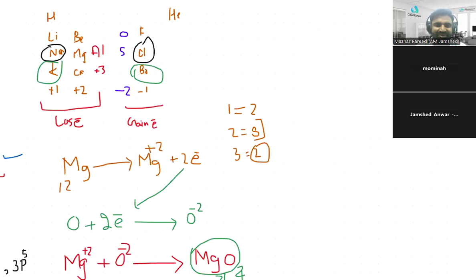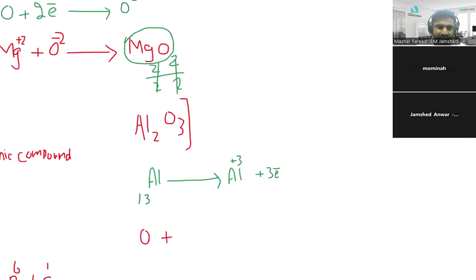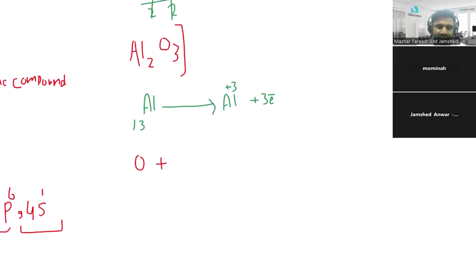So its valency will be 2. It means it gains only 2 electrons to become stable. When oxygen gains 2 electrons, because it is a non-metal and has the ability to gain electrons, it becomes O minus 2.